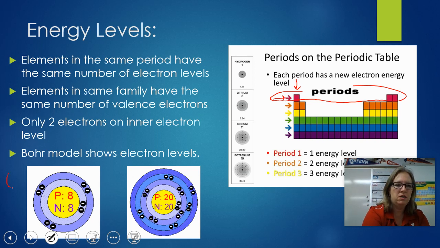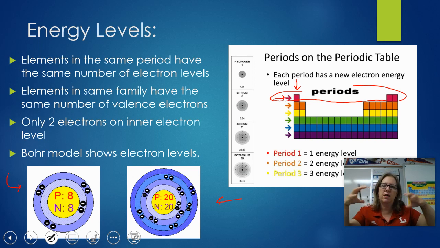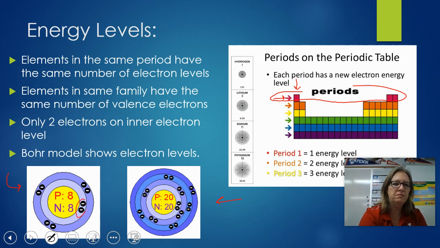These models down here, both of these are called Bohr models. And what they show is in the center, they show how many protons and neutrons there are for each of those elements. And then the rings coincide with those energy levels. And you can see the inside ring on both of them only has those 2 electrons. And then as we move out, typically it can carry 8 electrons.